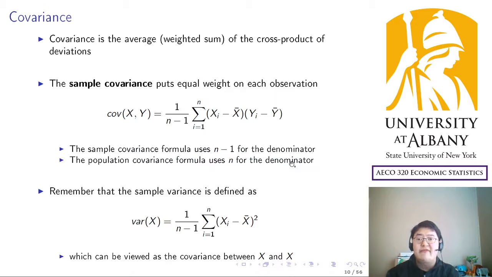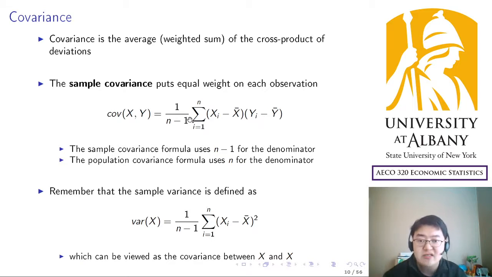Then we can define covariance using that idea. Covariance is the average weighted sum of the cross product of deviations. The x deviation is xi minus x bar, and the y deviation is yi minus y bar. So you make a cross product between them, and take the average: sum the products, and divide by sample size minus 1.